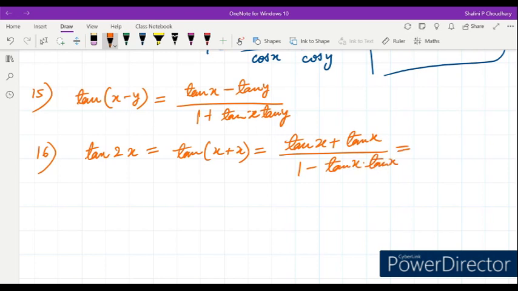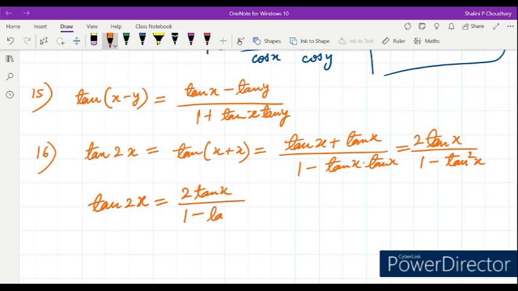So what value we are getting? 2 tan x divided by 1 minus tan square x. Okay, so what is the formula for tan 2x? What we got, we derived this, 2 tan x upon 1 minus tan square x.